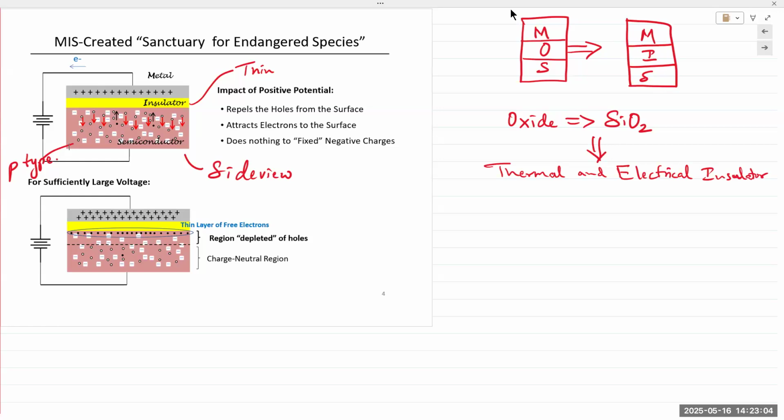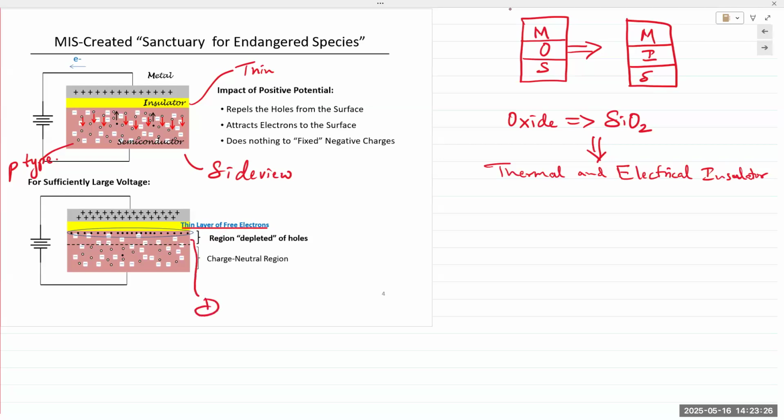All right. If that positive voltage increases, then it creates a thin layer of free electrons right here. But the electrons are not in large numbers. Again, it's a minority carrier, so they are not present in large numbers. All of the holes are pushed down.